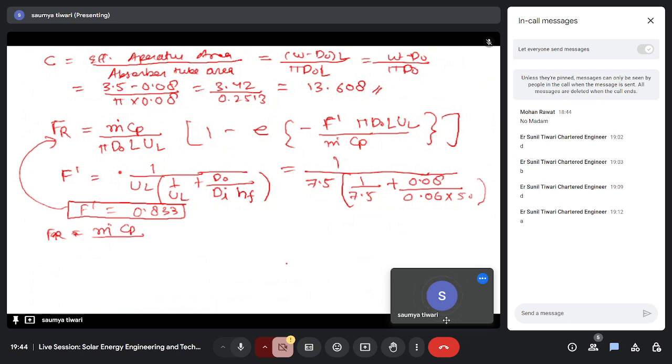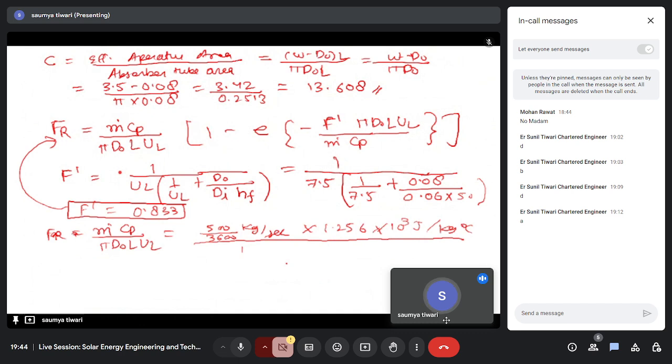This factor, m dot cp upon pi D naught L into UL: your mass flow rate was 500 kg per hour, so remember to convert it into kg per second, into your cp, which was 1.256, in kilojoule, so convert it into joule per kg per degree Celsius, divided by pi D naught, with D naught equal to 0.08, L, your length, which was 12 meter, and your UL, which is 7.5 watt per meter square per degree Celsius. So this value will come to be 7.71194.